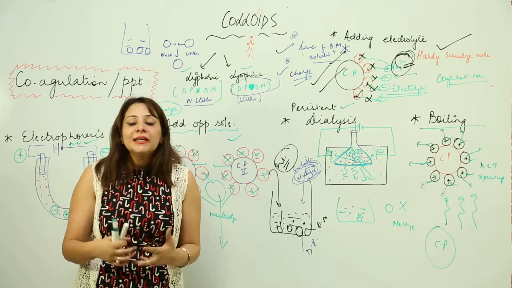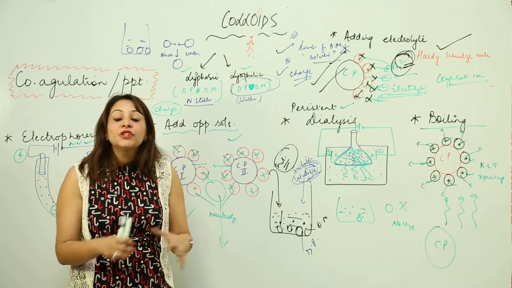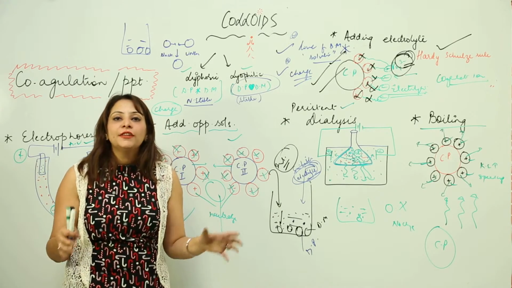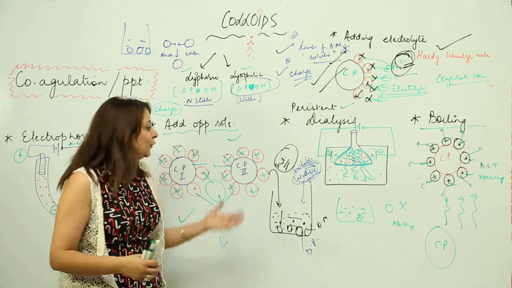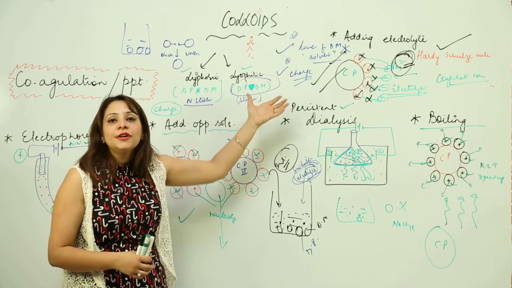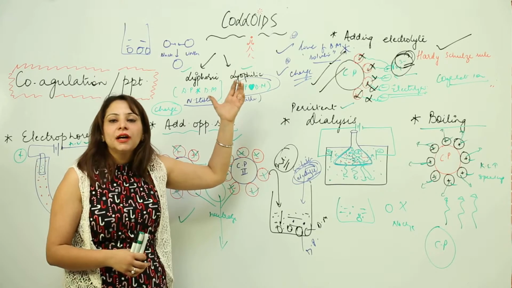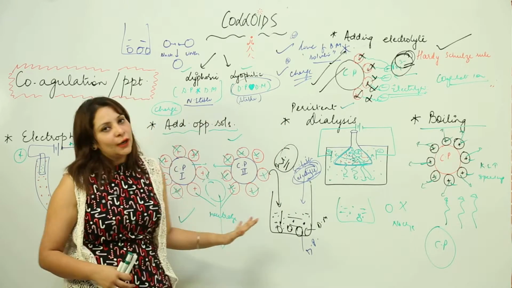We can do that by adding a suitable substance. That substance will disturb the solvation power of the dispersed phase in the dispersion medium, and the moment we succeed, we will see that these lyophilic sols also develop a hatred feeling between them, they can also coagulate and settle at the bottom. So this is the coagulation property.